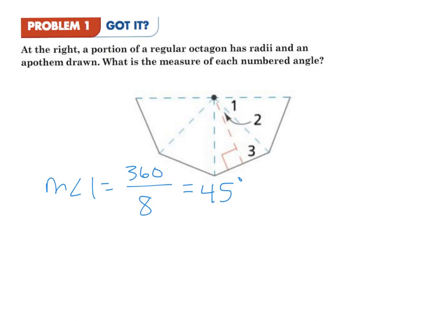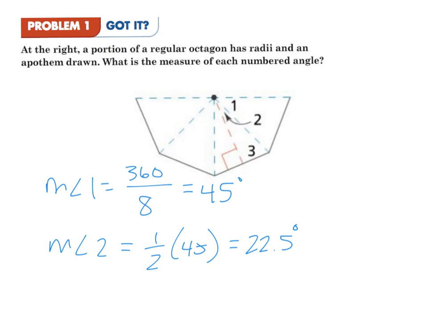Now, to find the measure of angle 2, it's just half of angle 1. So it's 1/2 of angle 1, which is 45, and that will give us 22.5. Now, for the measure of angle 3, we know that for a triangle, it has to be 180 degrees. We already have a 90-degree angle.